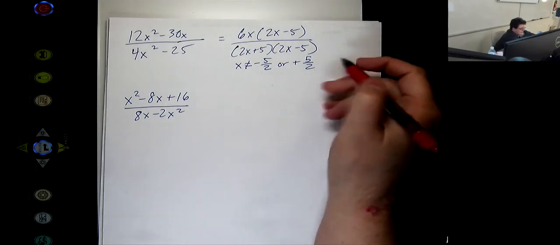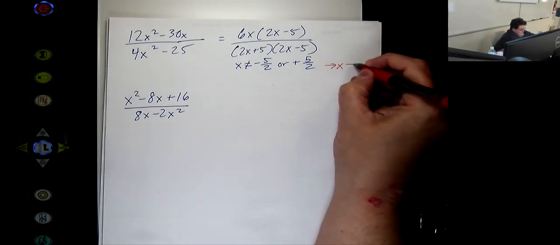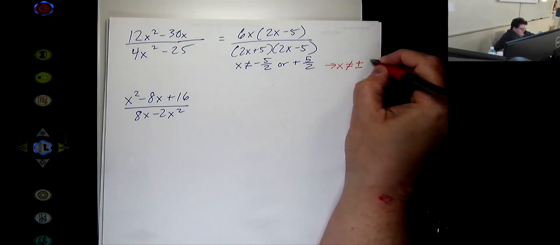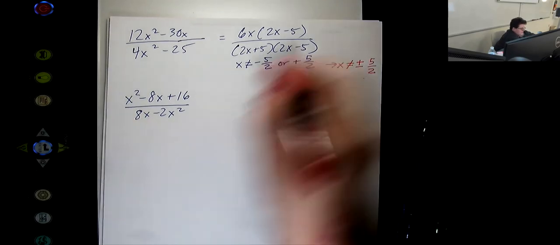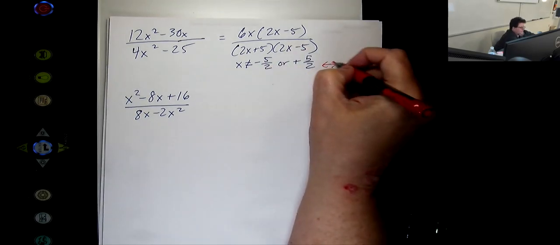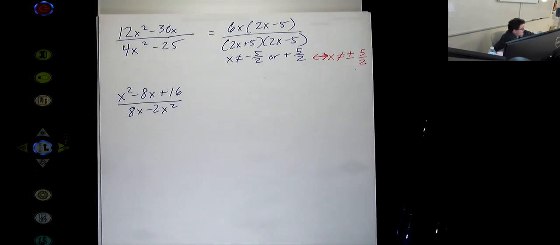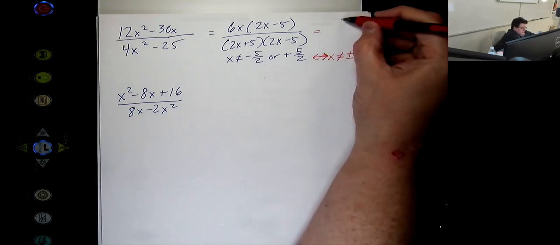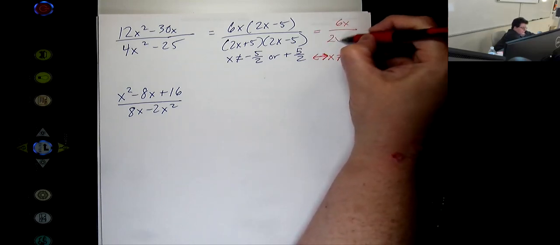Another way of writing this is x cannot equal, and we're going to put a plus and a minus sign on top of each other, 5/2. These two things mean the same thing. So if you see plus or minus stacked on top of each other, it means both. And when we cancel stuff out, we will get 6x over 2x plus 5.